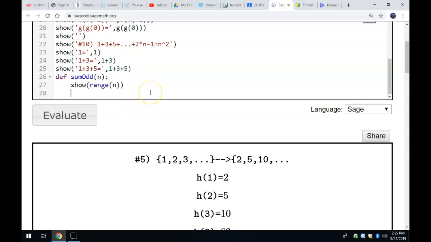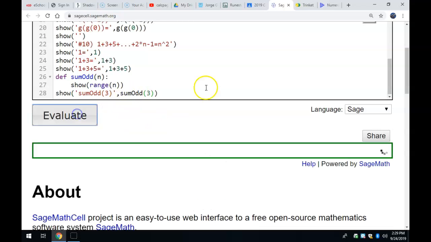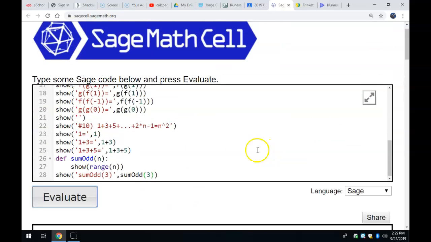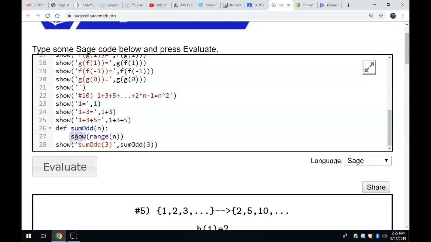Let's try this. So let's say I do show, sum odd of 3. I should get 9, right? But I don't. What I get is a list of, whoops, I didn't return it, sorry. I didn't mean to show here, I meant to return.